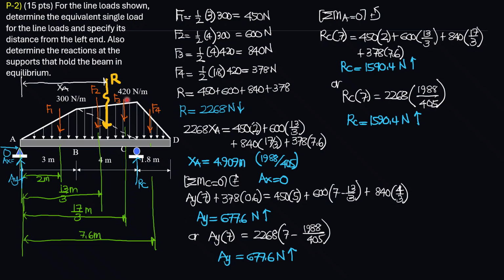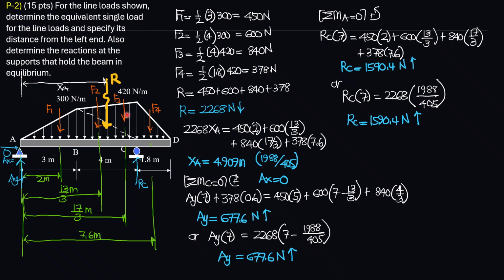Then plus F3, which is 840. Its distance from the left is 17 over 3, so its distance from C, 7 minus 17 over 3, or simply 1/3 of 4, which is 4/3. Solving for AY, it is 677.6 newtons upward.